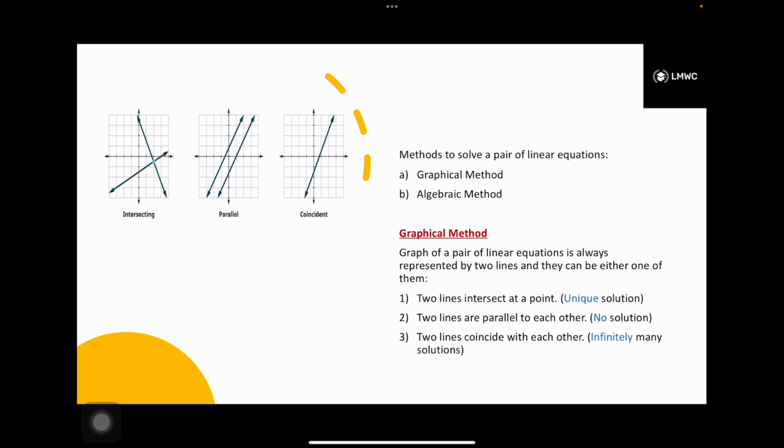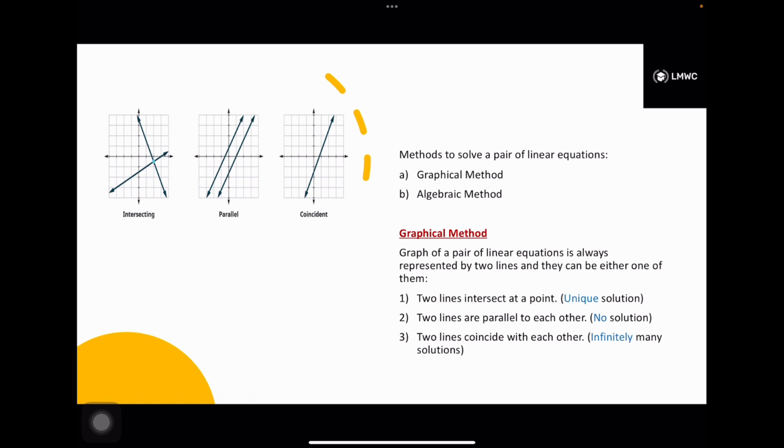So we know that linear equations, when you plot them on a graph, give a straight line. And since here we are talking about a pair of linear equations, which means two linear equations, we are bound to see two straight lines on a graph. When you have two straight lines, there are three possibilities.